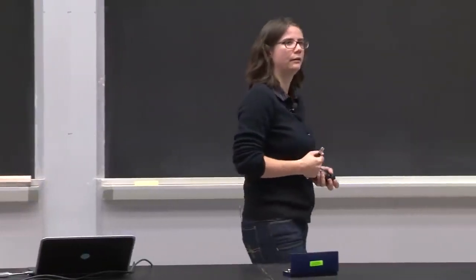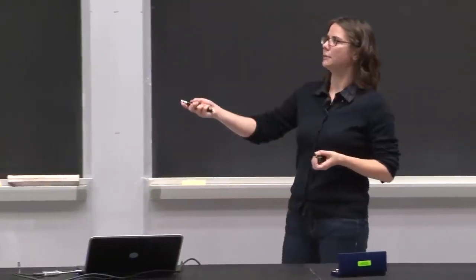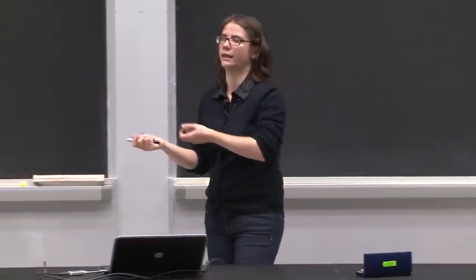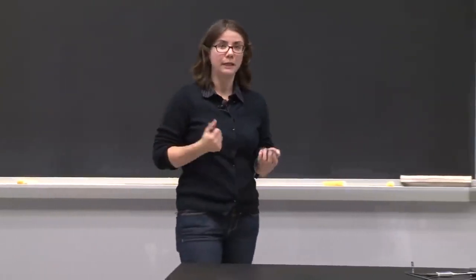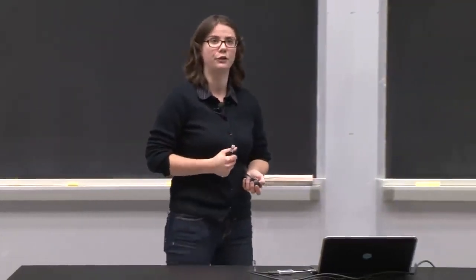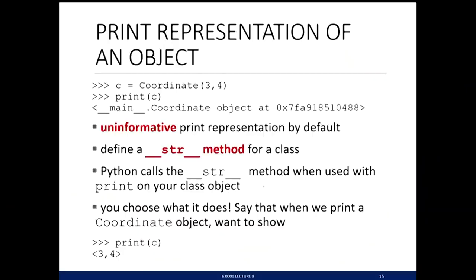If you define this method in your class, that tells Python, when you see a print statement on an object of type coordinate, call this method, look at what it does, and do everything that's inside it. And you can choose to make it do whatever you want inside your definition of str. In this case, let's say when we print a coordinate object, we're going to print its x and y values surrounded by angle brackets. That seems reasonable. So from now on, when you print coordinate objects, you're going to see things like this, which is a lot more informative.